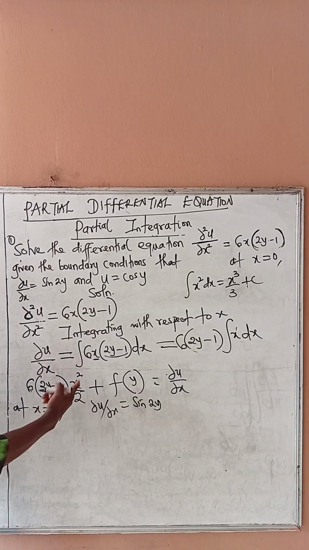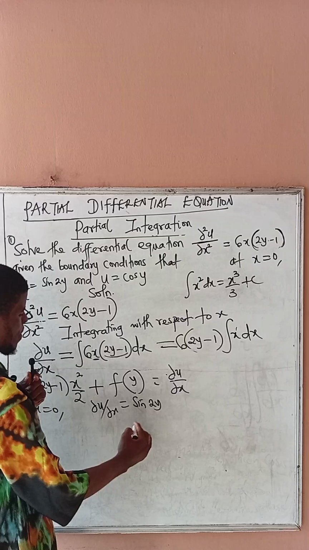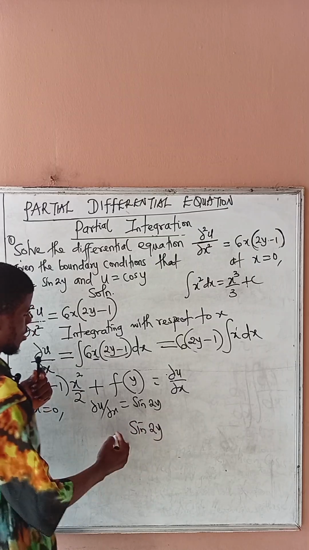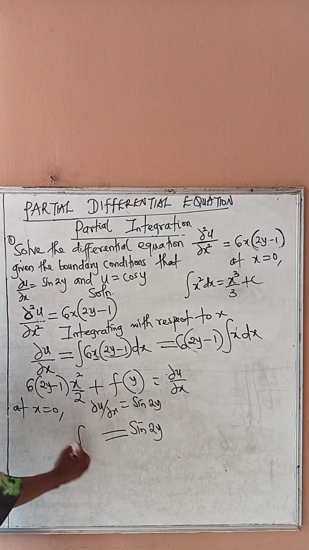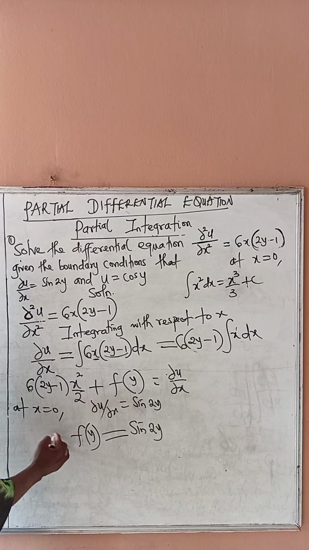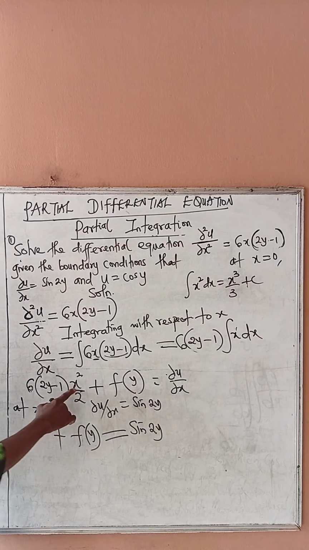So sine 2y is equal to f of y plus... if 0 enters here, everything here becomes 0.